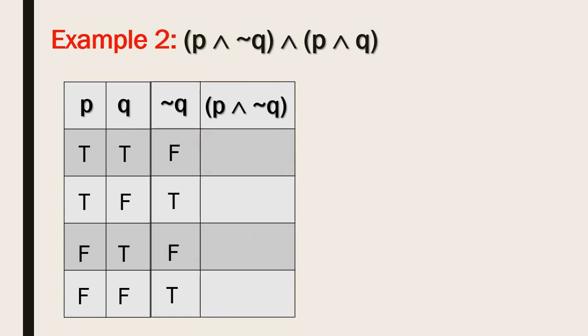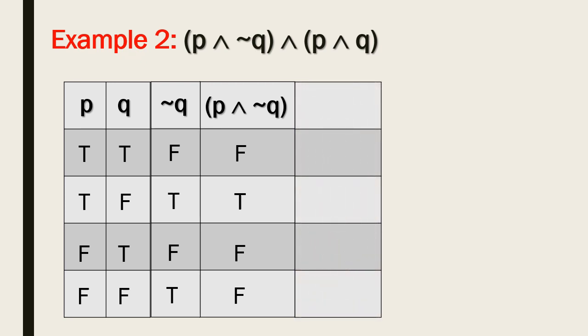And then P and not Q. Look at the first and the third columns. So and. Remember if and, both true must be true, and the rest will be false if they are different. Then for the fifth column, let's have P and Q. Look at the first and second columns.